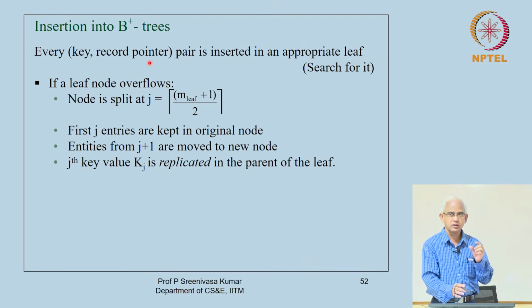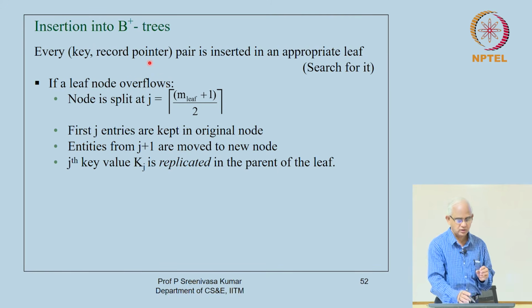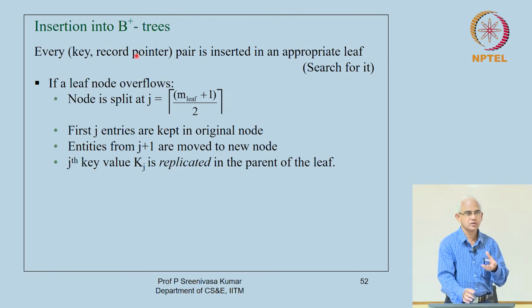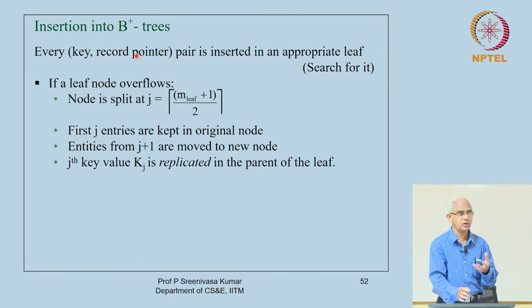By key I mean the value of that search attribute. A key and a record pointer is what we get as input, and you are supposed to insert that into the B+tree appropriately. Is that clear?